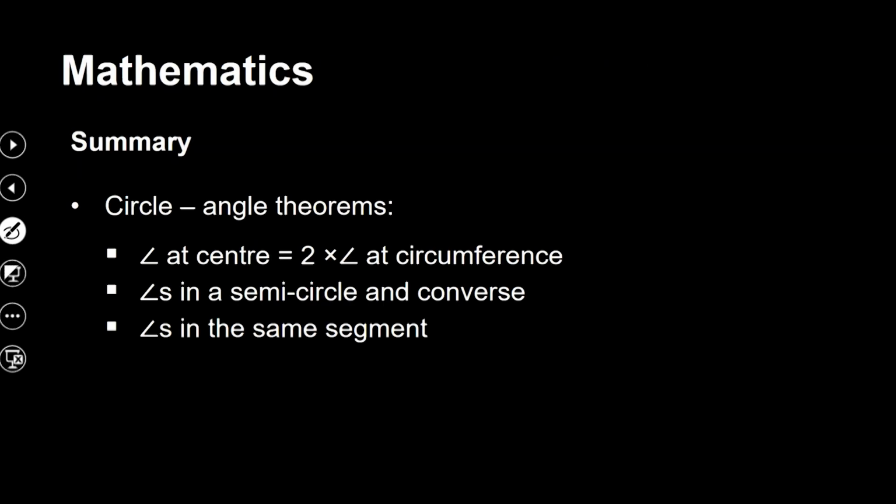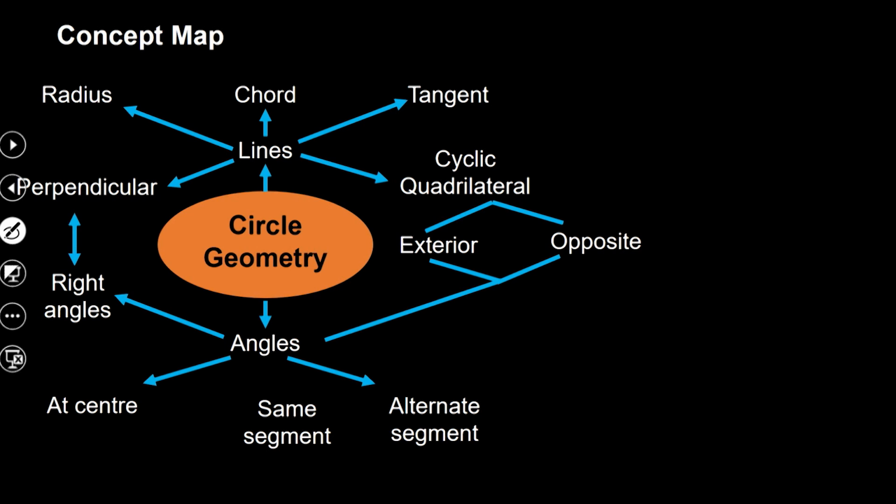So our summary of circle and angle theorems is: we have an angle at the center, which is twice the angle at the circumference. The angle in a semicircle is 90 degrees, and also its converse. And then lastly, the angles in the same segment is what you need to look at.